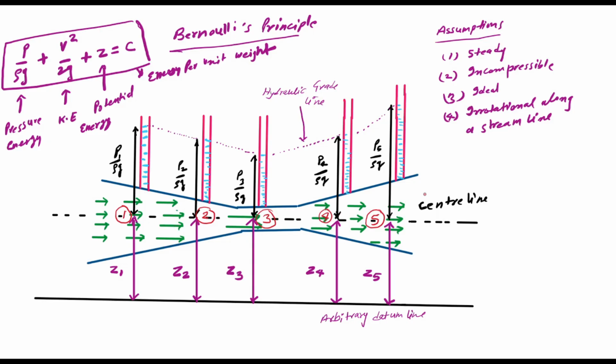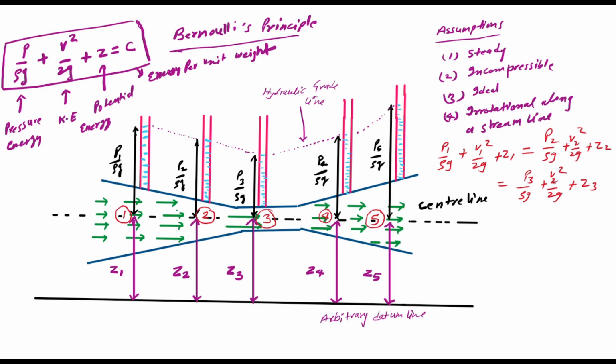So energy at this point means p1 upon rho g plus v1 square upon 2g plus z1 equals p2 by rho g plus v2 square by 2g plus z2 equals p3 by rho g plus v3 square by 2g plus z3, right?